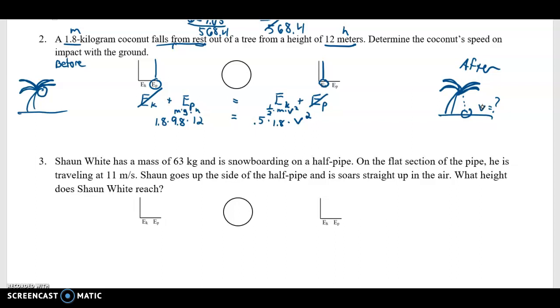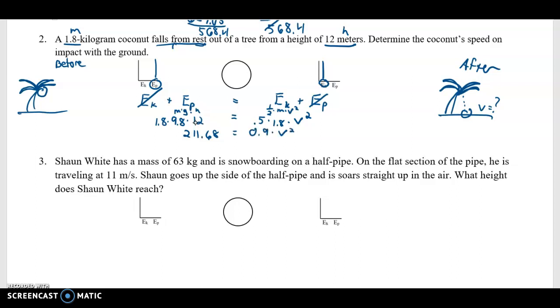And so now I have all my information and I can go through and simplify my problem. So I simplify these numbers over here. They're all being multiplied, 1.8 times 9.8 times 12, and I get 211.68 on my calculator. And here I get 0.5 times 1.8, I get 0.9.